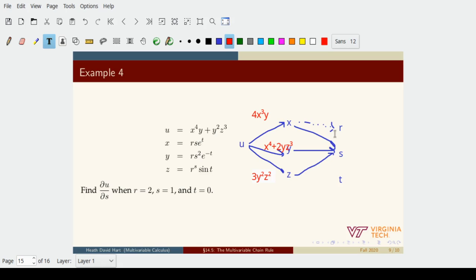Then the derivative of x with respect to s is r e to the t. Y with respect to s is 2rs e to the negative t. And z with respect to t is r raised to the s power.